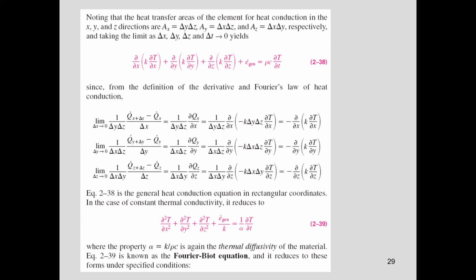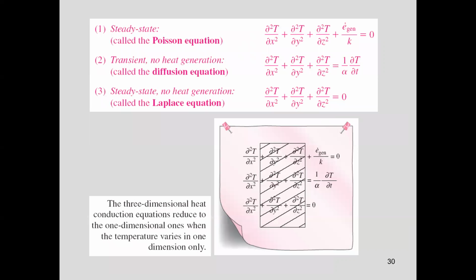It reduces to these forms under specific conditions. At steady state, this brings us to Poisson's equation. At transient, no heat generation, it is the diffusion equation. At steady state, no heat generation, it is the Laplace equation.